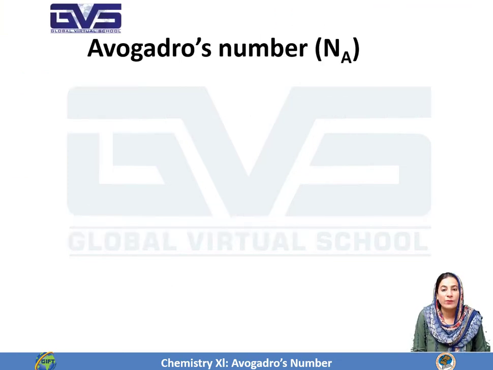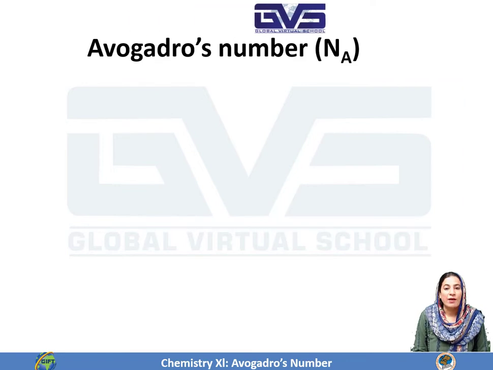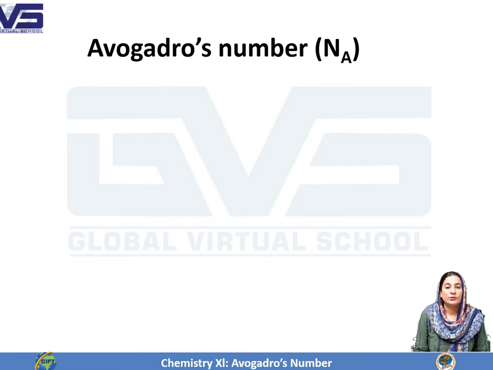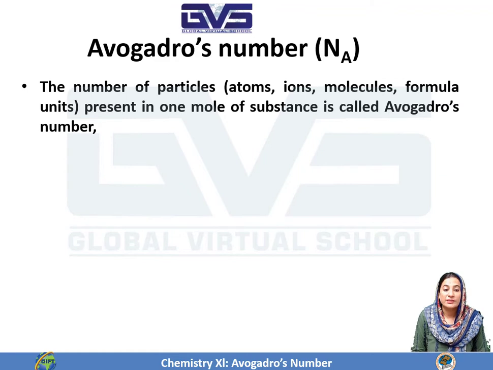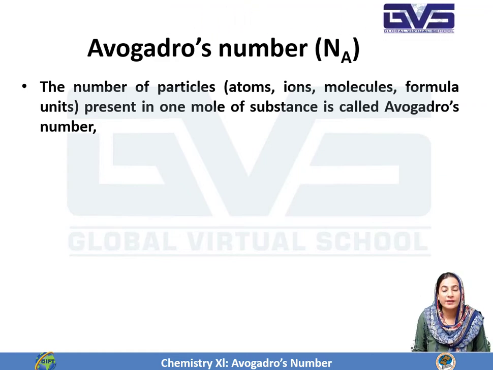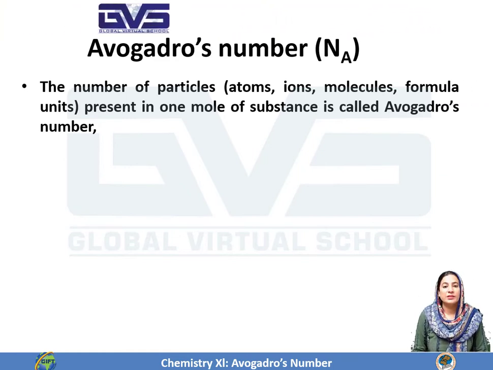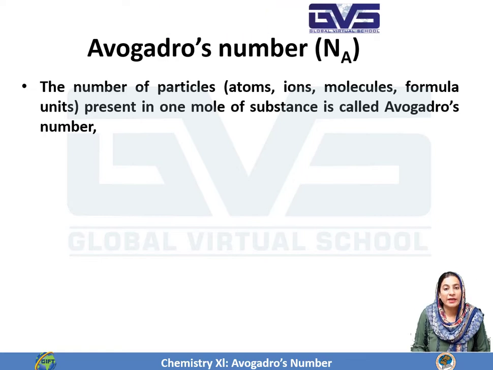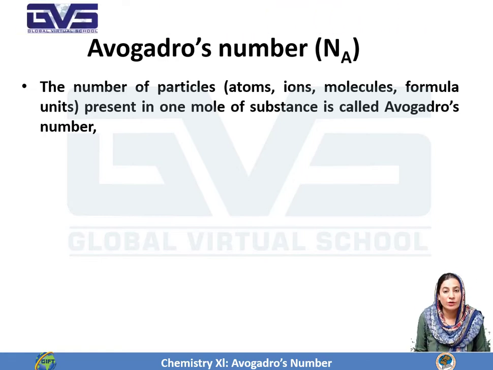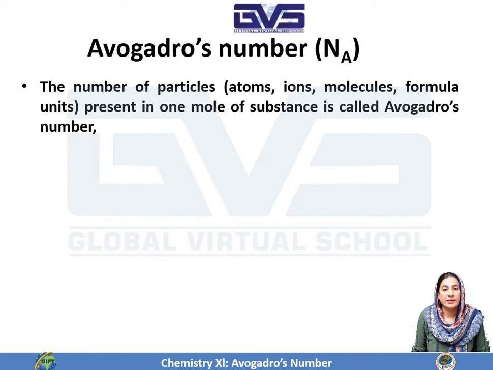Now come to Avogadro's number. Avogadro's number is closely related to the mole. It is actually the number of particles. Particles can be atoms, molecules, formula units, or ions.